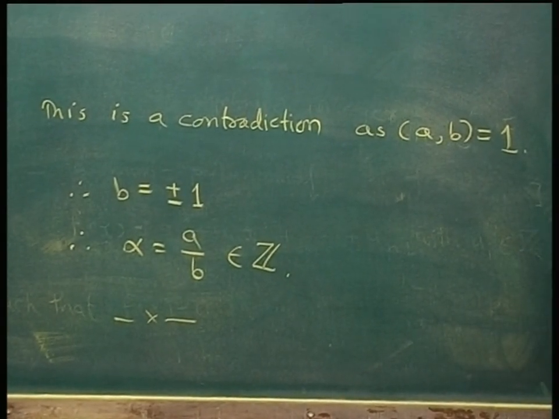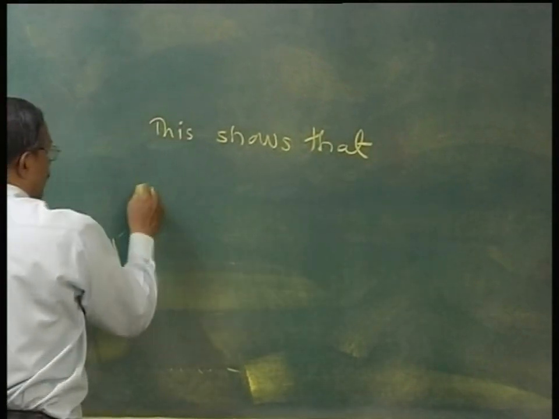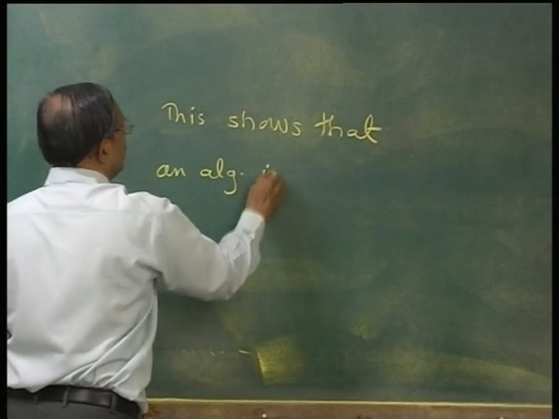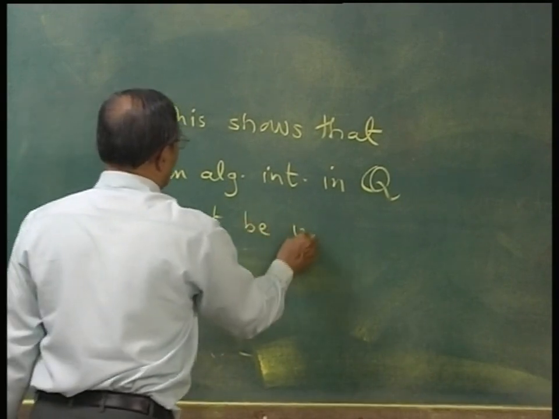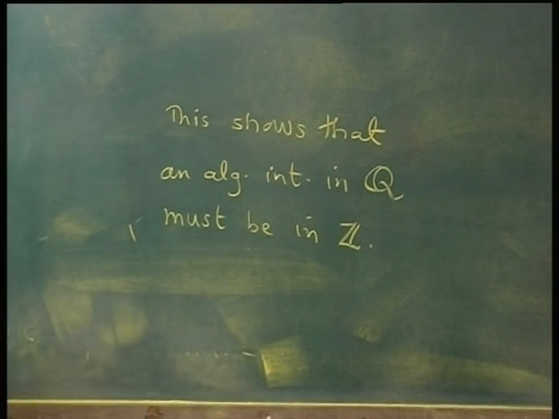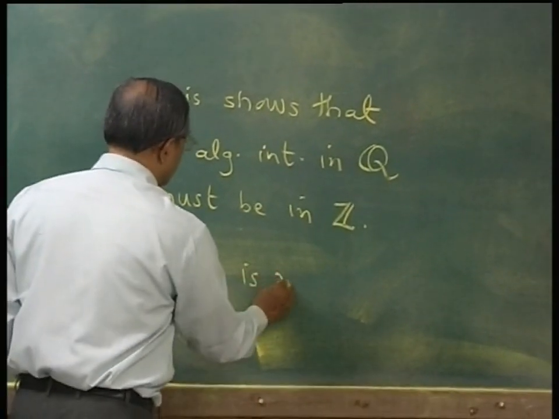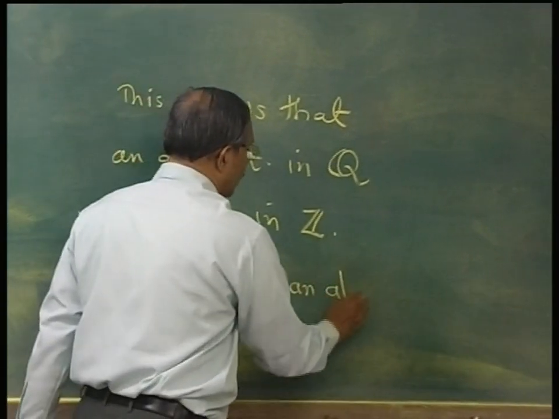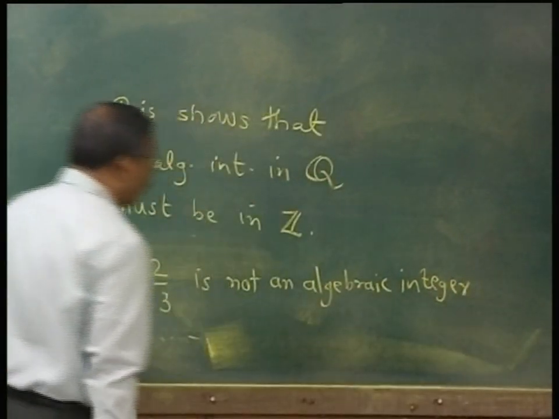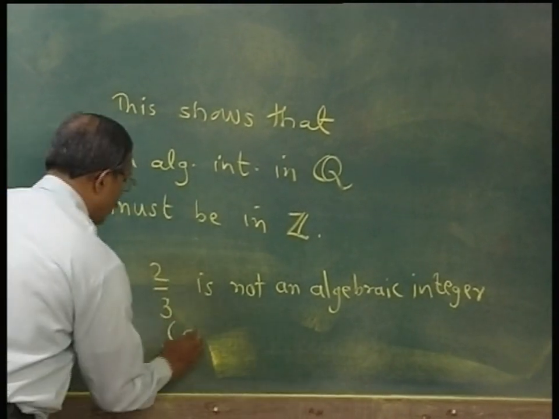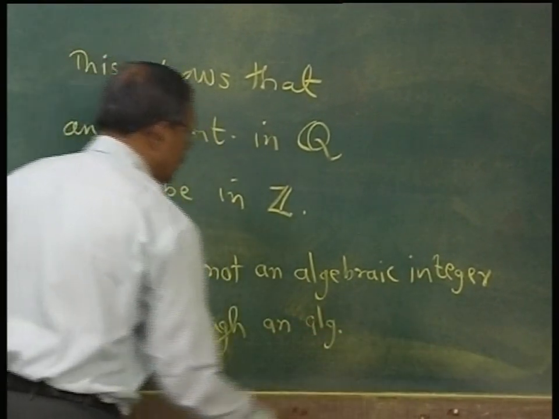So this shows that an algebraic integer in Q must be in Z. And immediately you get examples, as I mentioned, that 2 by 3 is not an algebraic integer, although it is an algebraic number.